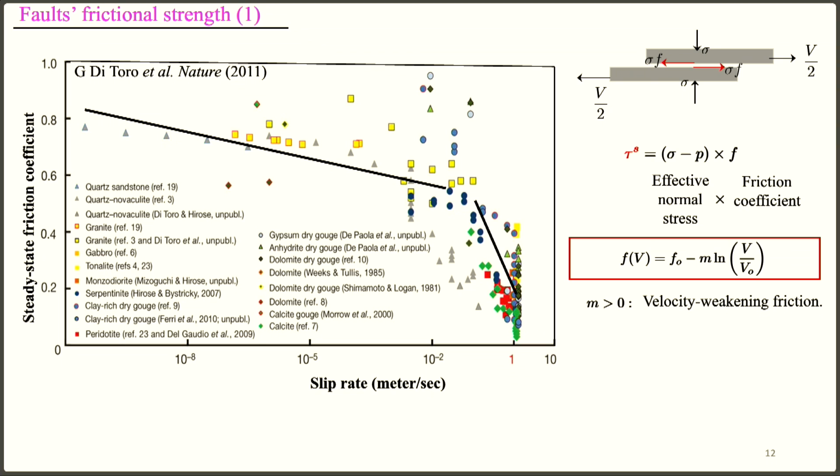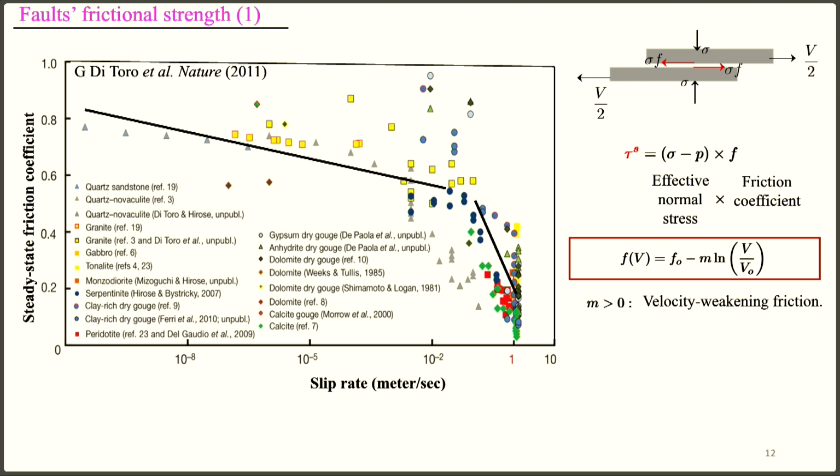There is another form of weakening which happens around seismic speeds, a further weakening, but we are not going into this detail. Let's have a low sliding rate formulation. This is called velocity weakening. Your strength depends on maybe the pore pressure, or you can just ignore it for a while, and the effective normal stress, then the friction coefficient, and the friction coefficient indeed has a sliding rate dependence, so it decreases.